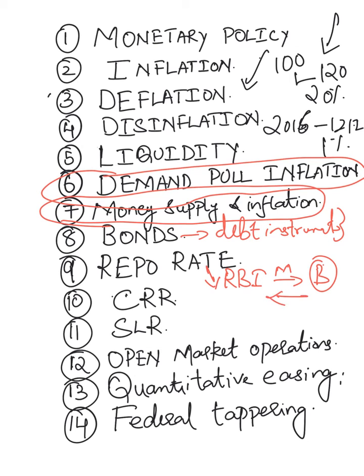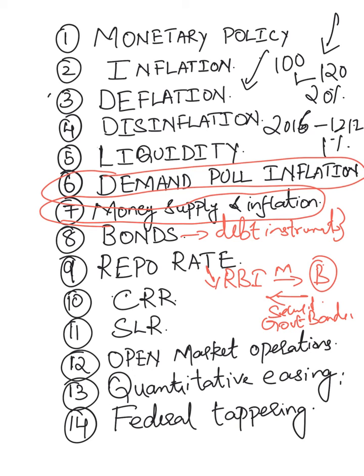Banks have to pledge government bonds to borrow money from RBI with a repurchase agreement that after a particular period of time, a maximum period of 91 days, banks are going to repurchase these bonds back from RBI.